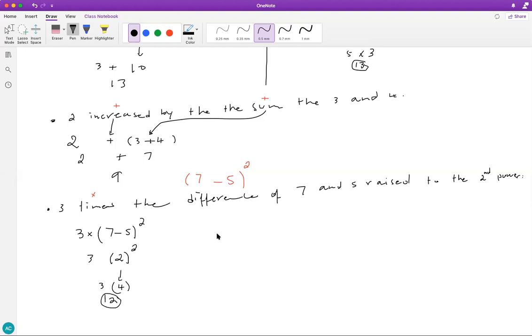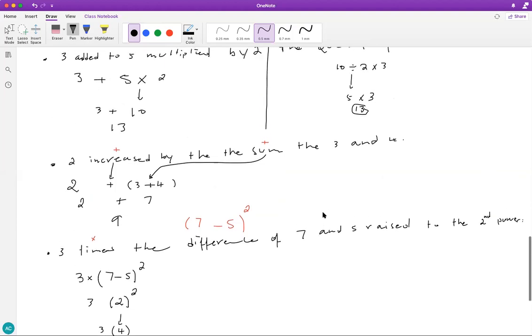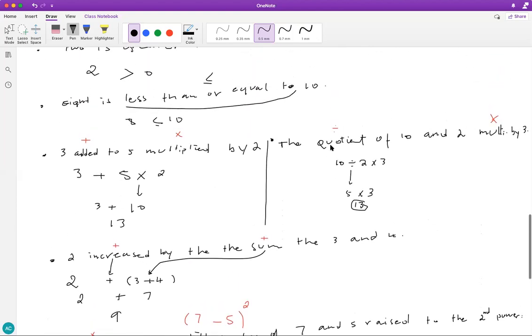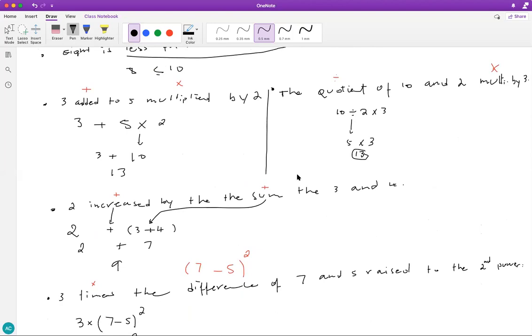Okay, so be careful with your translation, especially the keywords: quotient, increase, decrease, less than, add, subtract, more than. More than, by the way, means plus if you see it in a sentence. If you said 3 more than, or 5 or more than 5, it just means addition.